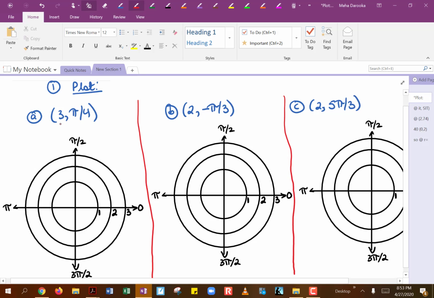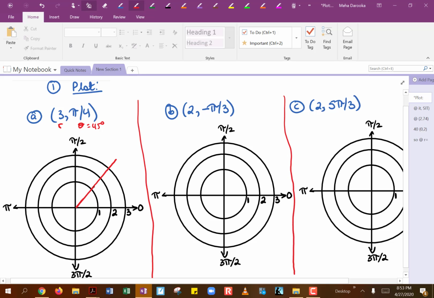So remember, the first coordinate is your directed distance. The second coordinate is the directed angle. So angle pi over 4, you should know, is basically your 45 degree angle, right? So this is the same as 45 degrees. And so that's of course going to be exactly halfway between 0 and pi halves.